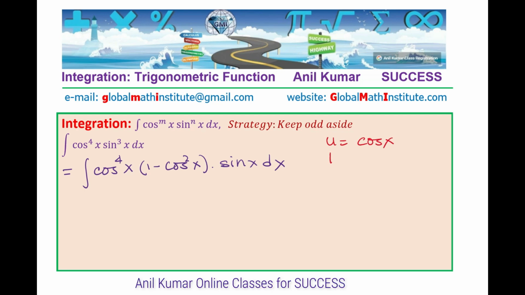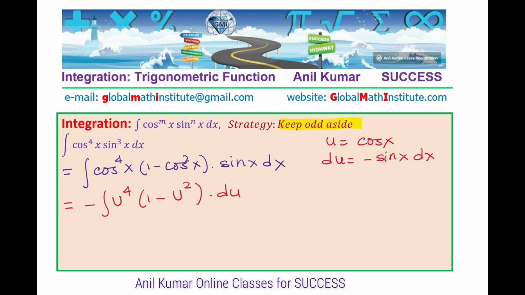That means du will be minus sine x dx, right? And therefore, we could now write this as minus the integral of u to the power of 4, 1 minus u square, du. Makes sense? Perfect. So this strategy, keep odd aside, really works very well.